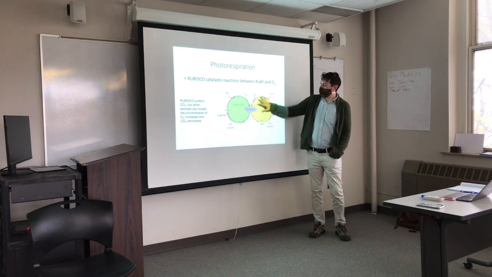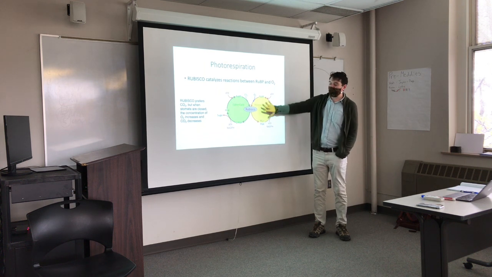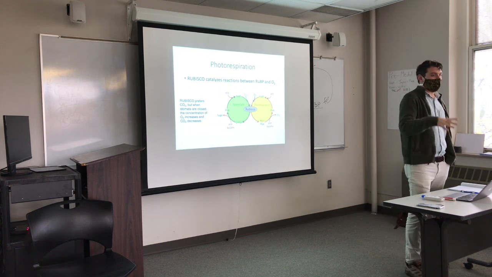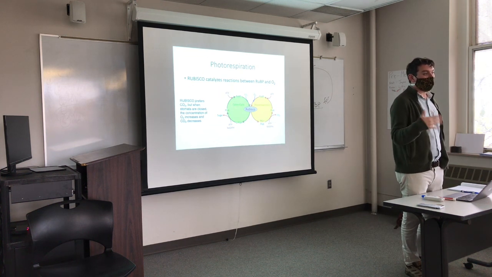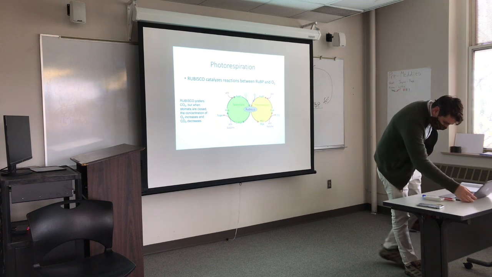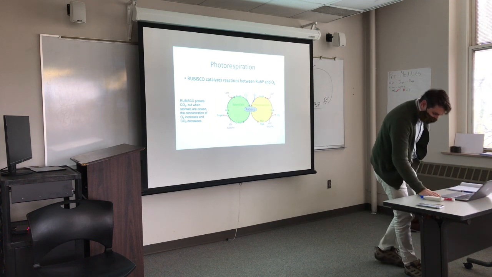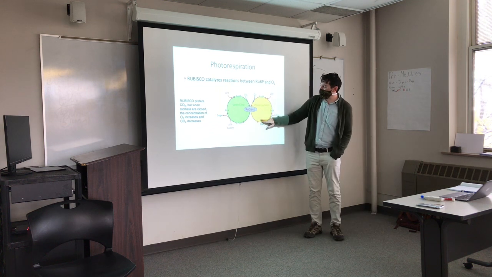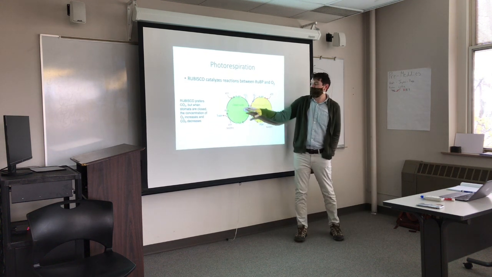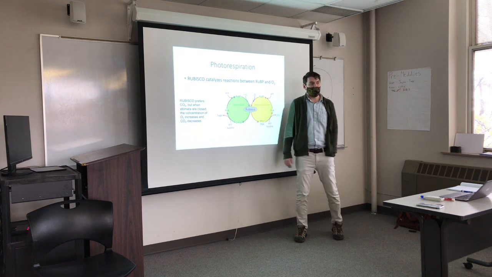And what we're going to see is that under certain conditions, when this becomes really problematic, we see selection favoring the evolution of C4 photosynthesis multiple times. The energy that is used up here is used to just regenerate that RuBP and be ready for a normal flow of the Calvin cycle.